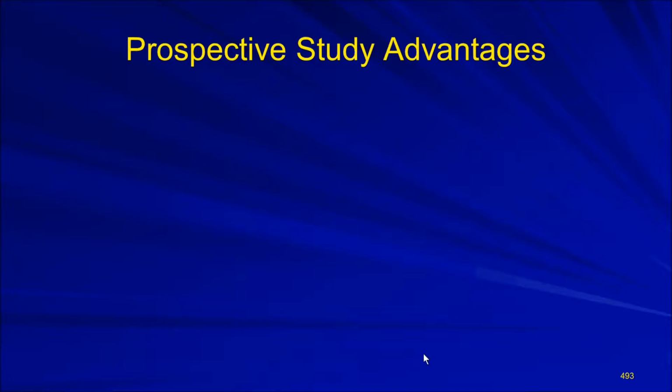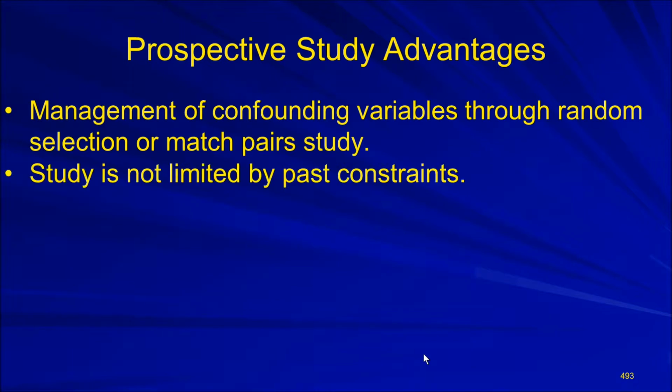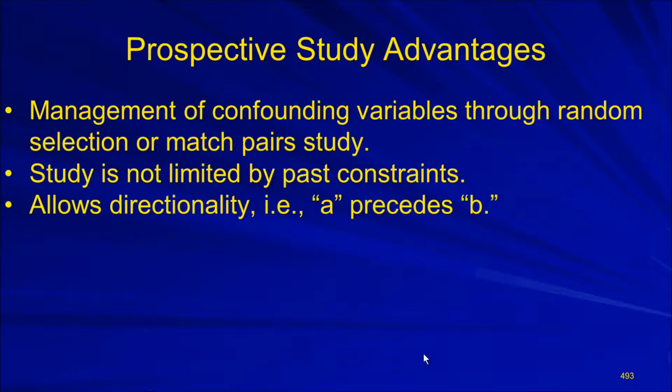Prospective study advantages: management of confounding variables, random selection, our matched pairs study, and I'll show you that in a few minutes. The study is not limited by past constraints, allows directionality, but it's not a cause and effect study. It is not a cause and effect study. Okay?